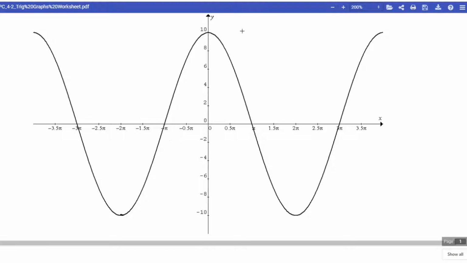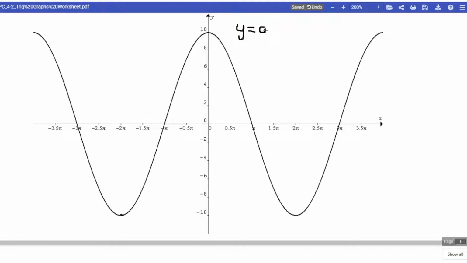Let's get started. So we are going to write this sinusoidal graph into an equation. Using what we already know, we know that the equation we can write can follow this form. Y equals, and we're going to use cosine.